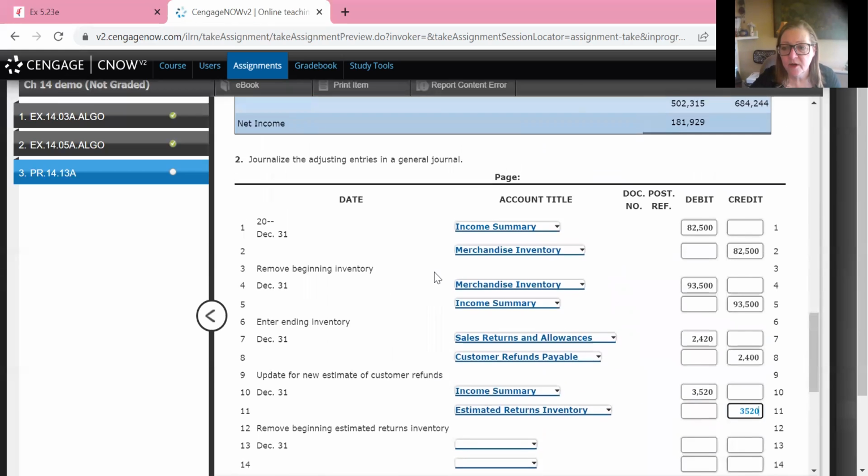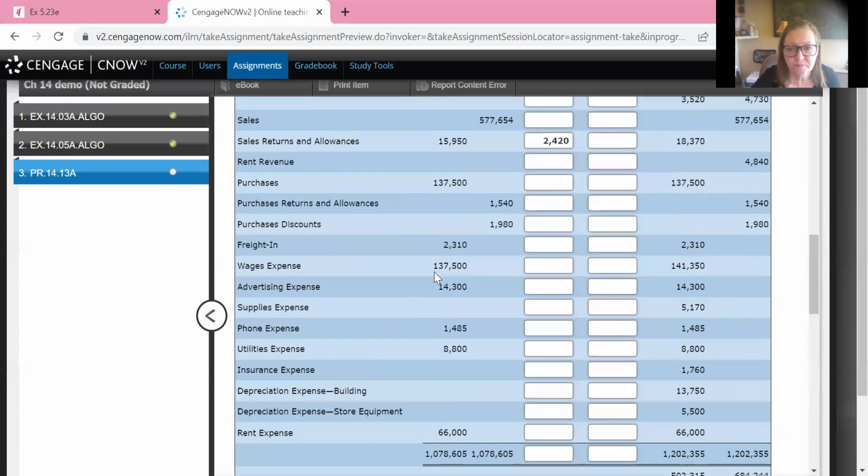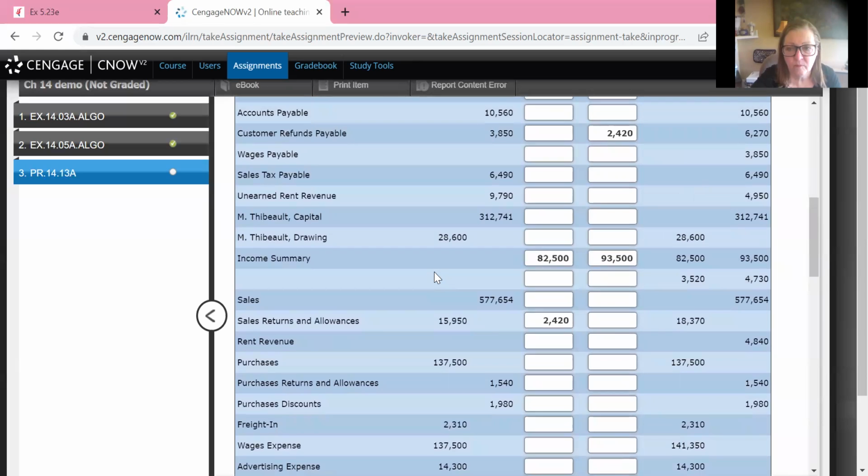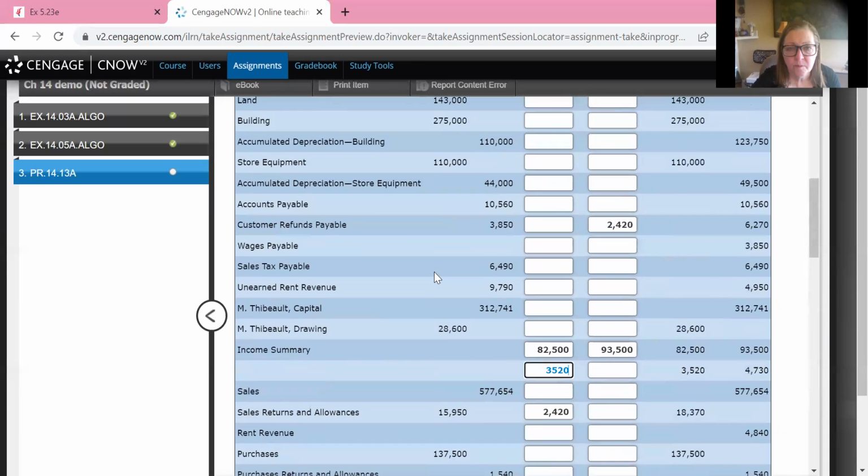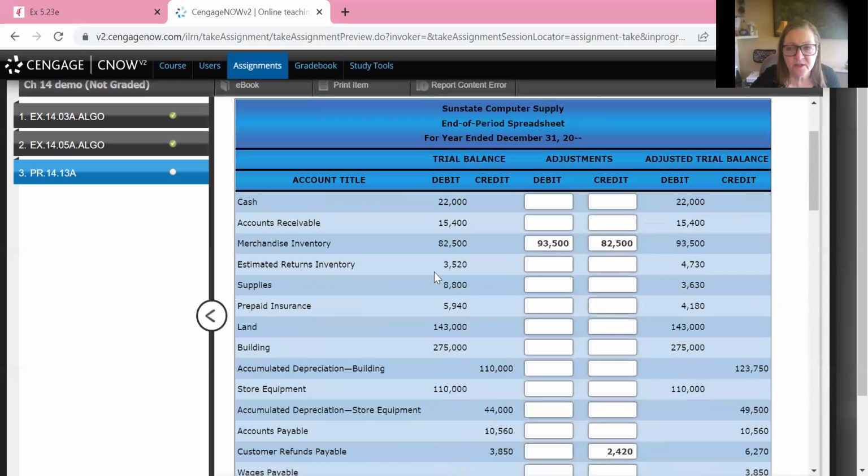Income summary took a debit of 3520, and the estimated returns inventory took a credit of 3520. And you see that's just the balance that's in there. When you do yours, you're going to follow the same pattern. You'll make the same entries, you're just going to change the amounts because this is algorithmic. It just means it got a new generation, but it's the same process.